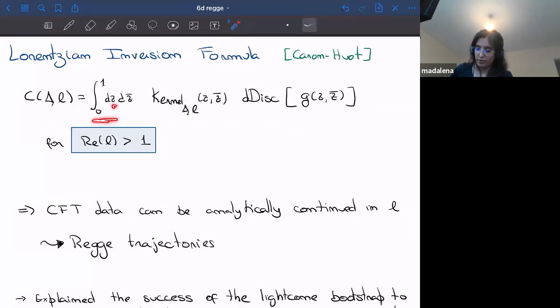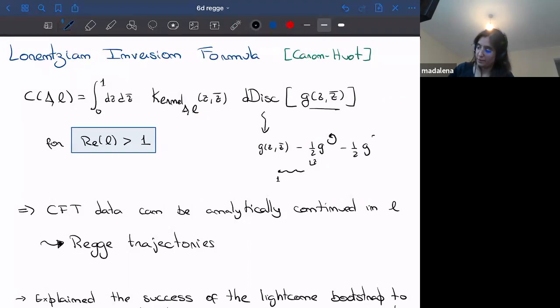Lorentzian because we're integrating over Lorentzian kinematics, and it's basically the integral of some kernel function that I didn't write down explicitly, but that depends on Δ and L, times the double discontinuity of the correlator we were studying, where the double discontinuity is comparing the correlator in its different continuations around the branch cut that starts at z equals 1. So you continue in different ways around this branch cut.